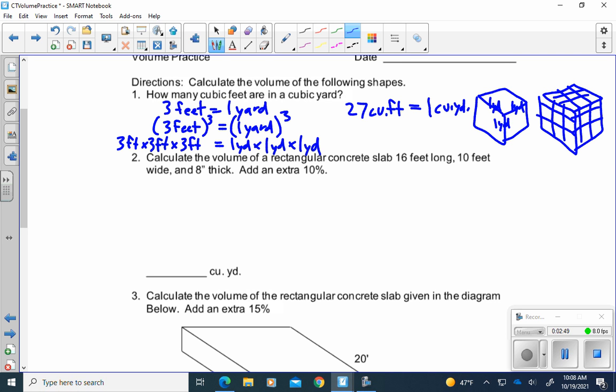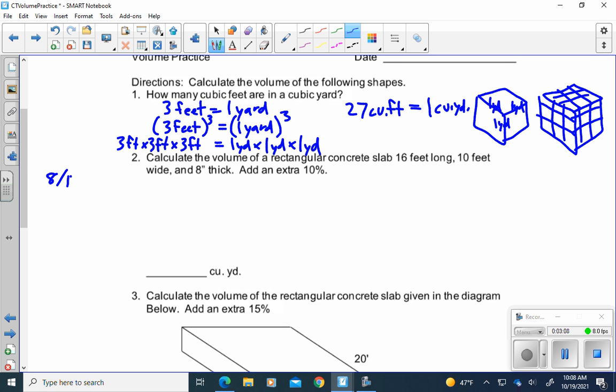Alright. Number 2, calculate the volume of a rectangular concrete slab, 16 feet long by 10 feet wide by 8 inches thick, and an extra 10%. So we're going to start with, first step, converting inches to feet.